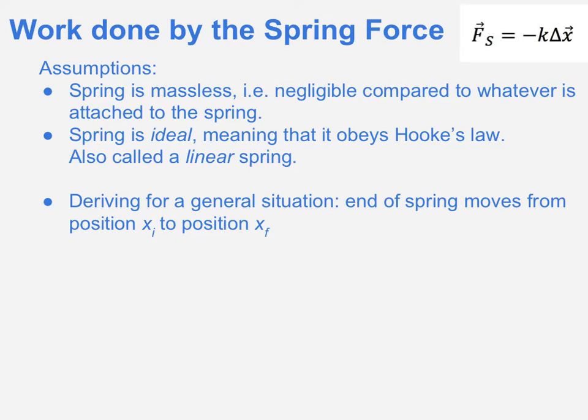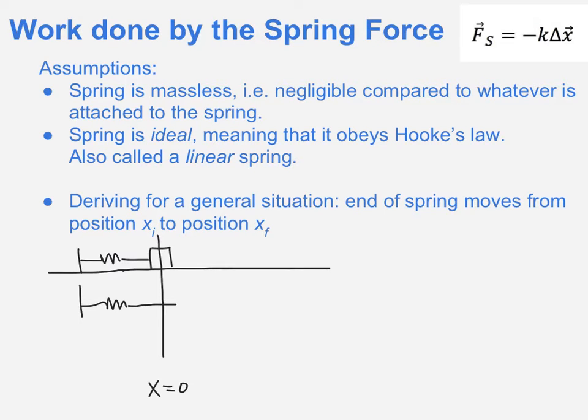So the situation we're going to look at is a mass on a spring. You can picture this being horizontal or vertical, it really doesn't matter, but imagine that I have a mass here that is on a spring, and we're going to consider this to be our equilibrium point, so that's where x is 0. Now look at it at another moment that, for whatever reason, my mass is moving.